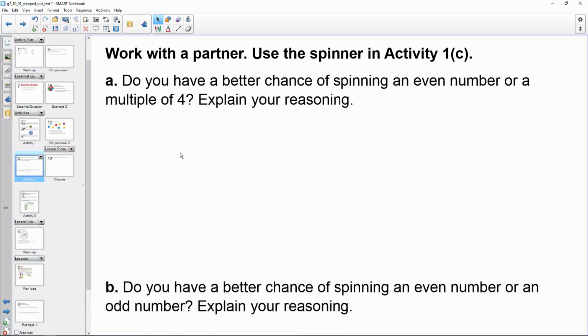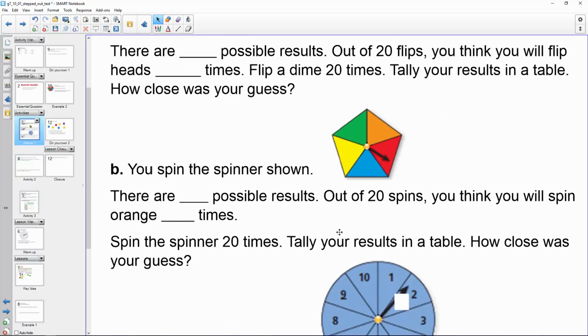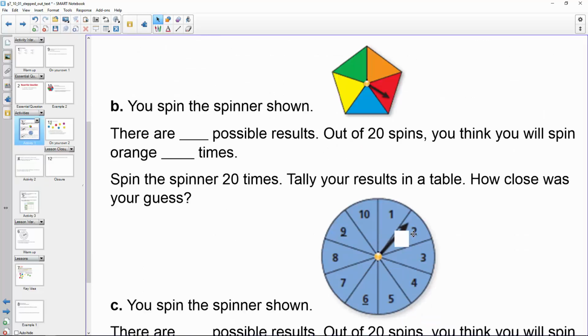So this one here says, do you have a better chance of spinning an even number or a multiple of 4? So if I look here, an even number or a multiple of 4. So even number, let's just circle these so I know what I have here. So even number would be this one here, this one here, this one here, this one here, this one here. 1, 2, 3, 4, wait, 1, 2, oh, that's a 9.